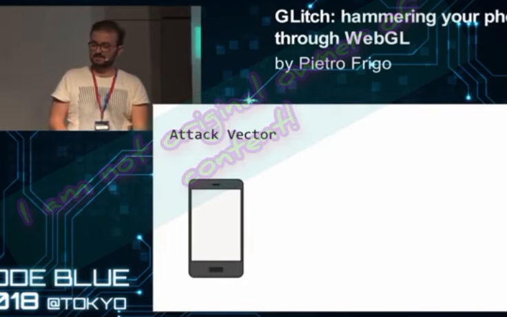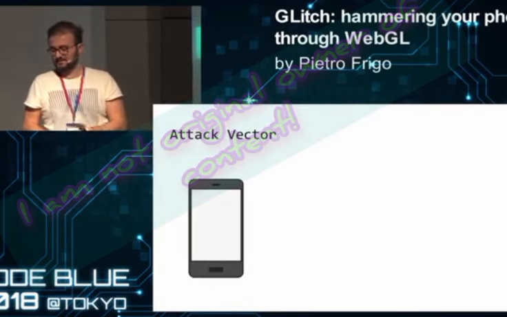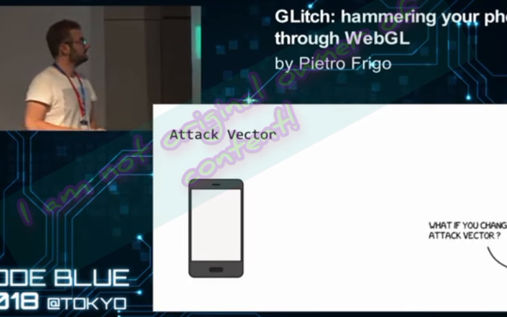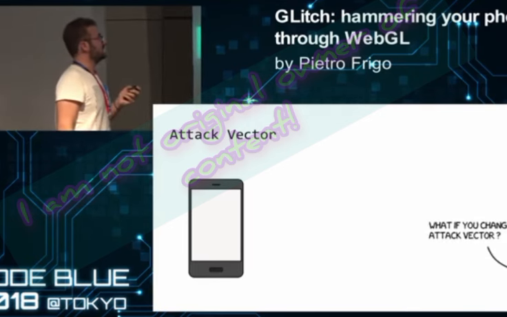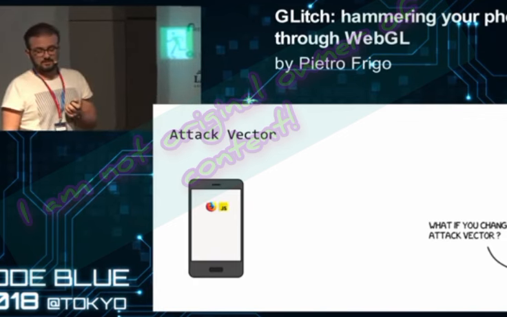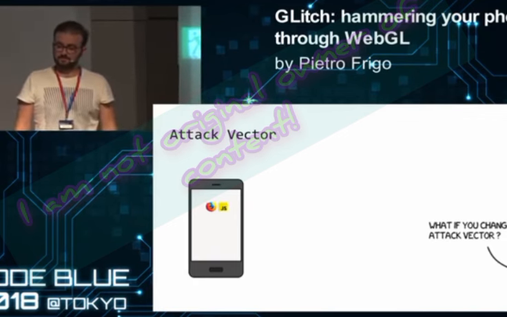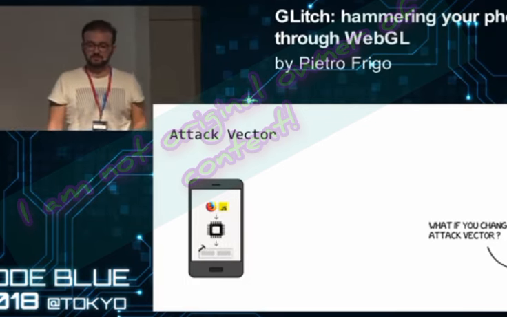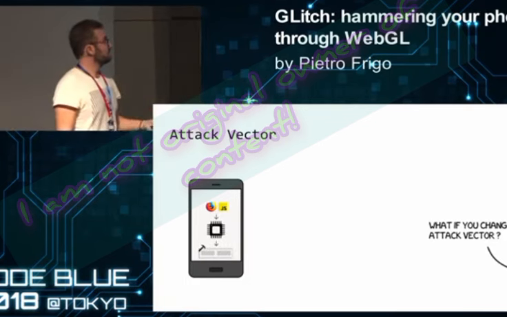And then I started thinking a bit, and I thought, well, what if we change the attack vector? And what do we mean by that? Basically, when you consider this kind of attacks, you have your JavaScript code running in the browser, which then runs on the CPU, and then use it to trigger the bit flips on DRAM.